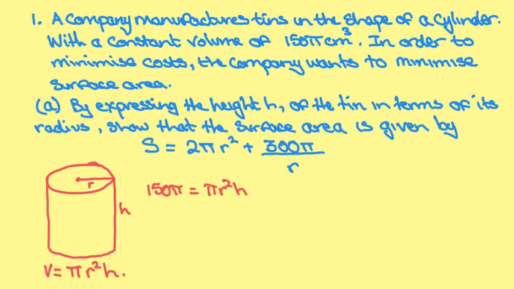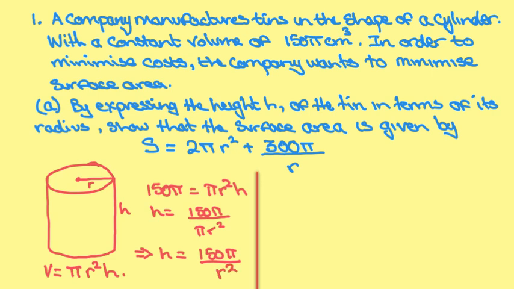We can rearrange that to give us h is equal to 150 pi over pi r squared. Therefore, h is equal to 150 over r squared.